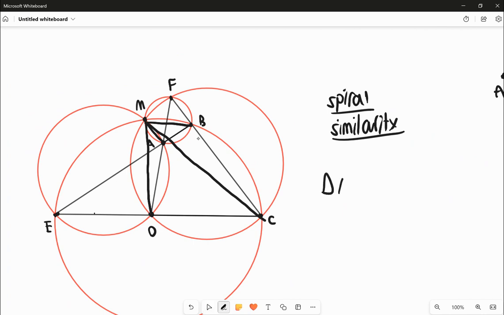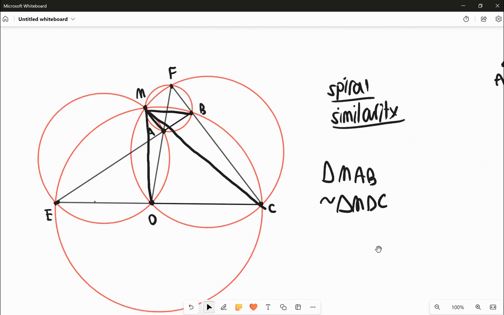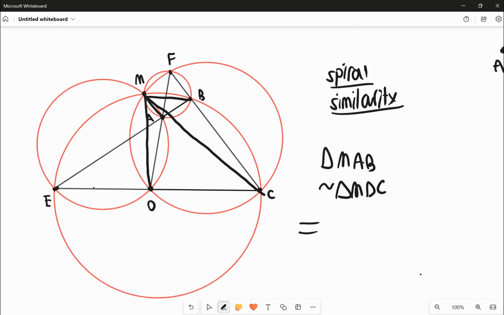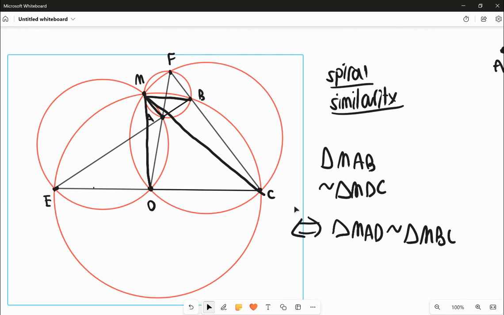So triangle MAB is similar to triangle MDC. But because of the duality that we proved, this is equivalent to saying triangle MAD is similar to triangle MBC. In other words, M is a spiral center mapping AD to BC.